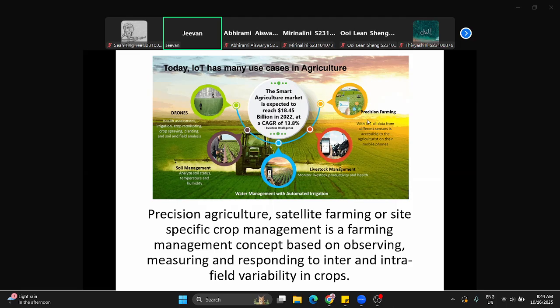In this way, the server will be able to make decisions, and accordingly carry out the function. So this is what we call precision farming. Everything is measured and everything is done according to what is needed, without any waste. Later we will be studying more about precision farming and I'll explain it in detail.